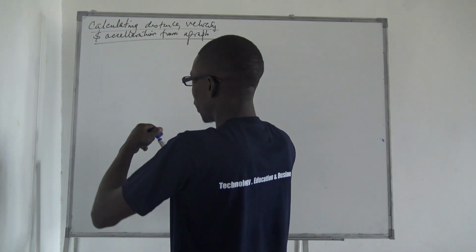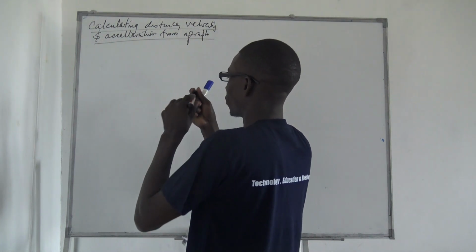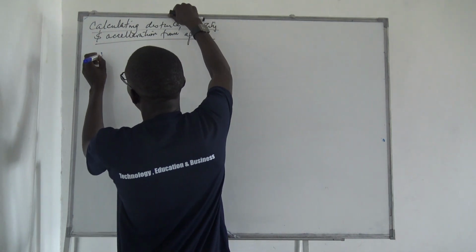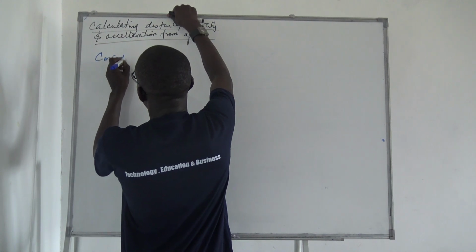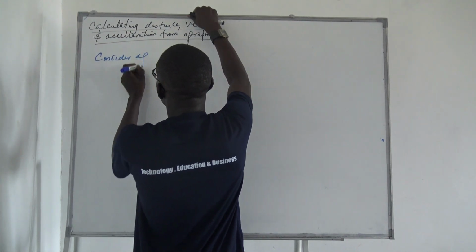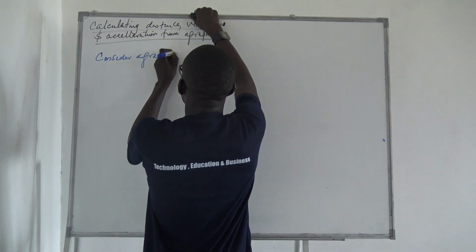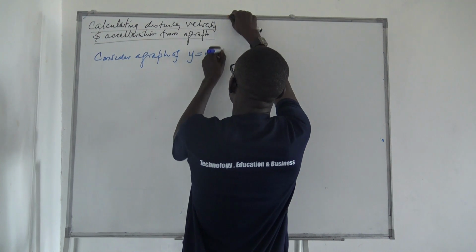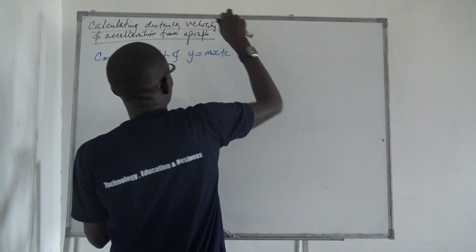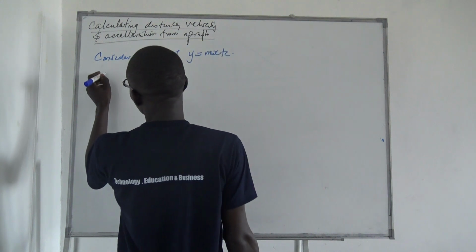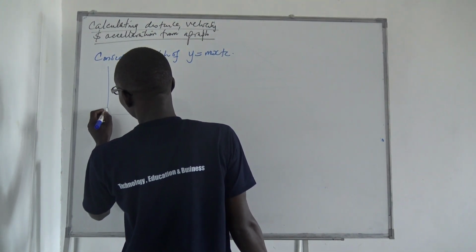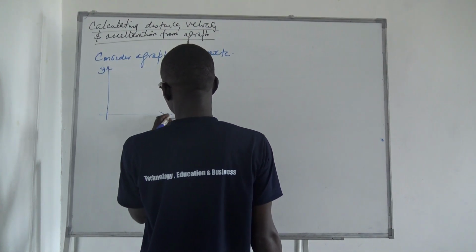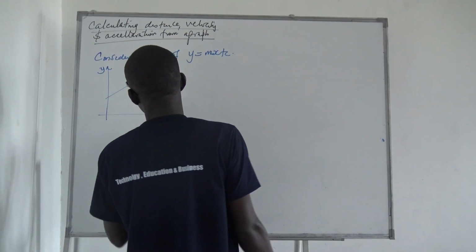So, I can say, consider a graph of y equals mx plus c. Is that okay? Let's consider a graph of y equaling that. How does that graph look? If you plot y against x, that graph will look something like that.